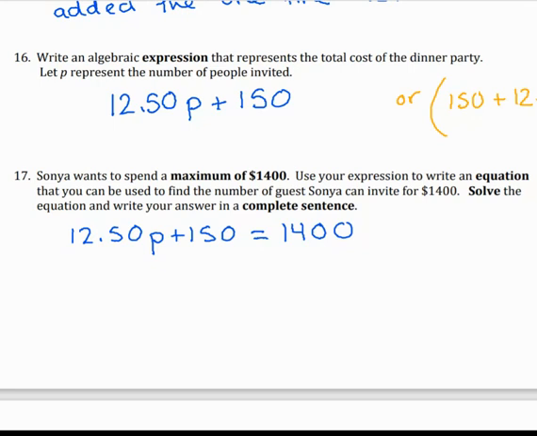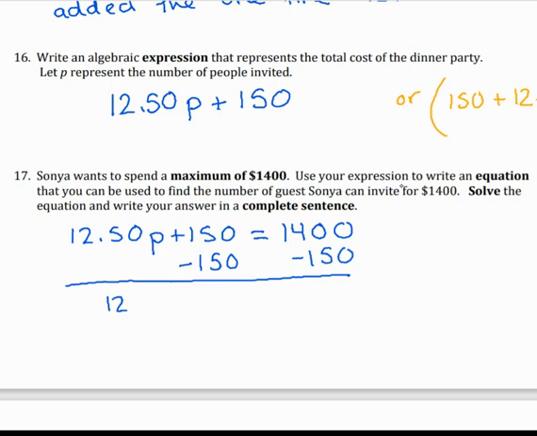All right. Can someone tell us what our first step will be? Subtract 150. I heard you say subtract. Yes, that's very good. We're going to subtract that 150. So make sure you're doing that with us. The 150s will cancel on the left-hand side.